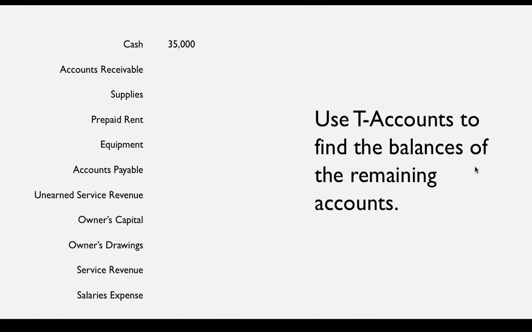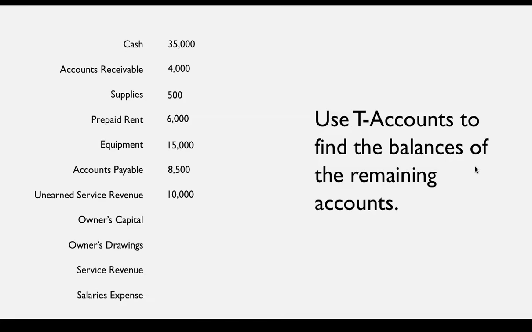When we find the balances, we'll find that accounts receivable ends up with a balance of 4,000. Supplies is 500. Prepaid rent, 6,000. Equipment, 15,000. Accounts payable, 8,500.